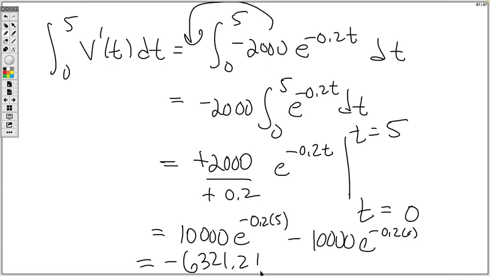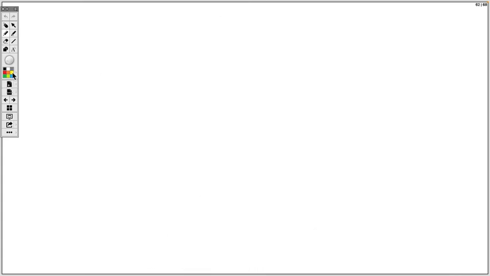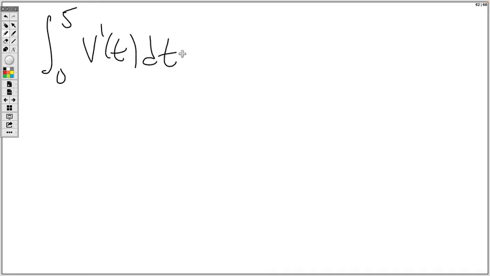But now we're asked to interpret what that means in terms of the value of the car. So this is where we go back to last week and we remember the net change theorem. So if you remember, the integral from 0 to 5 of v prime of t dt, using the fundamental theorem of calculus, would be the difference, v at 5 minus v at 0.